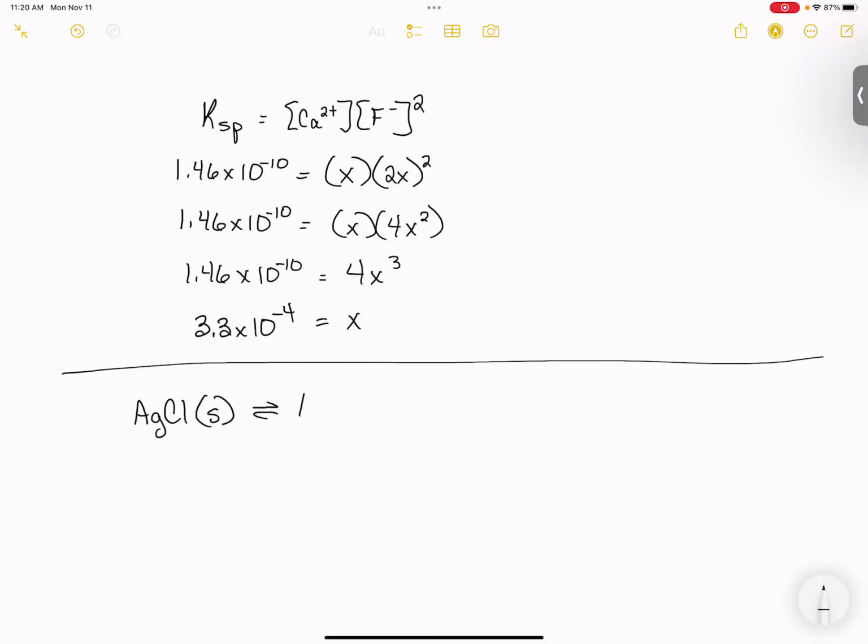Silver chloride dissociates to form silver ion and chloride ion. When you look up silver chloride in the book, you find that silver chloride has an equilibrium constant of 1.77 times 10 to the minus 10.